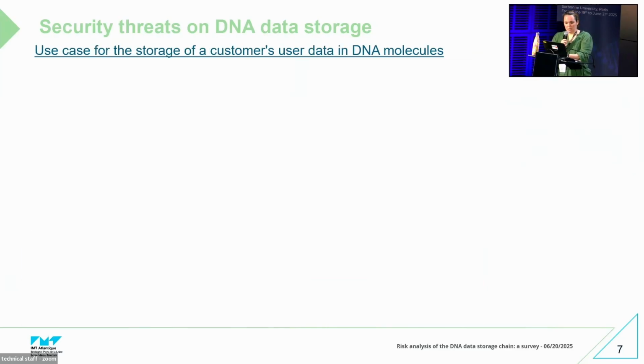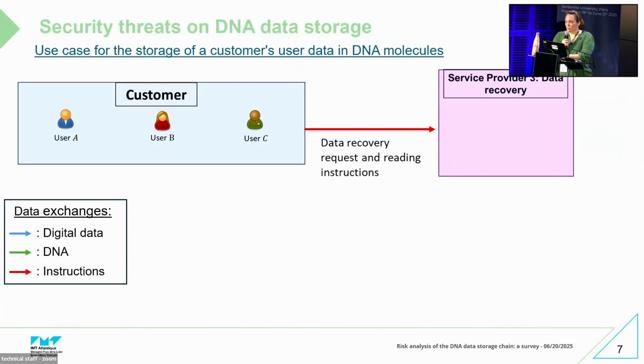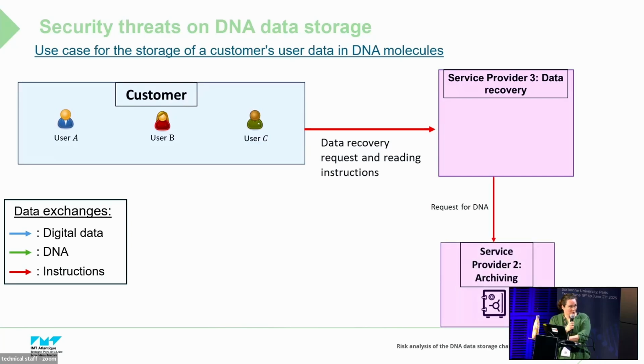Years later, when the client wishes to access the data of several of their users, the client will send a request to a service provider 3, along with reading instructions, and the service provider will get data from service provider 2, who does the archiving, and service provider 3 will do the sequencing and decoding of DNA to retrieve the data.